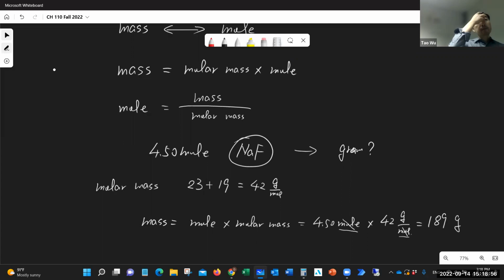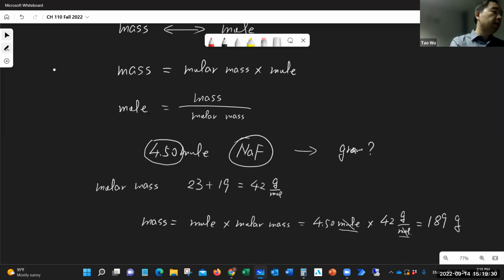And are we done? The last part is you need to check the sig fig. The question is only giving us one number. The molar mass is not counted in your sig fig.